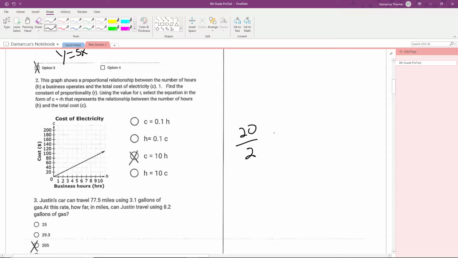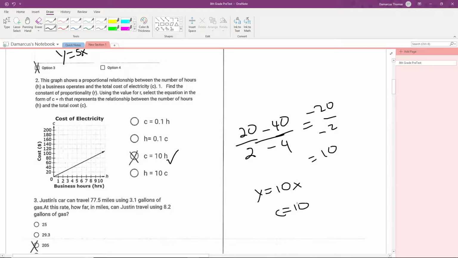And if we subtract them both, we're going to have negative 20 over negative 2. In other words, that's positive 10. So our formula is y equals 10x, or we could say it's c equals 10h, because our x is h and our y is c.